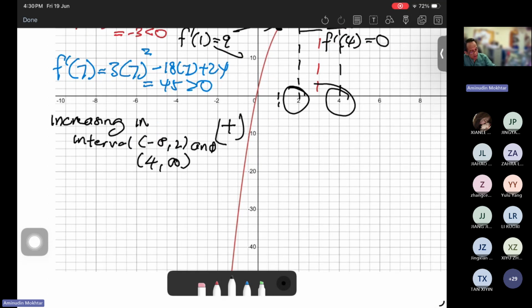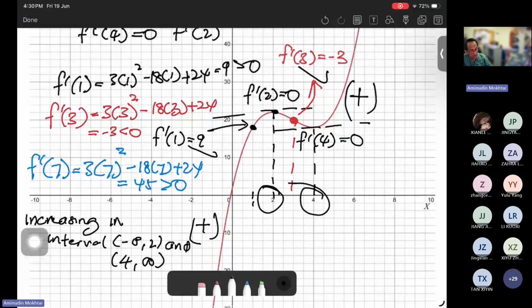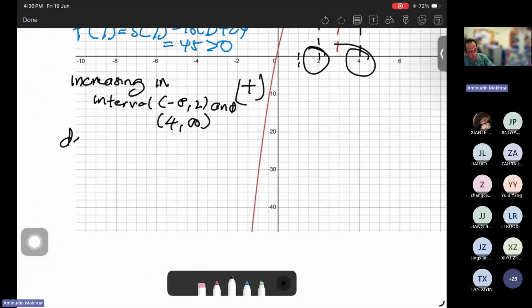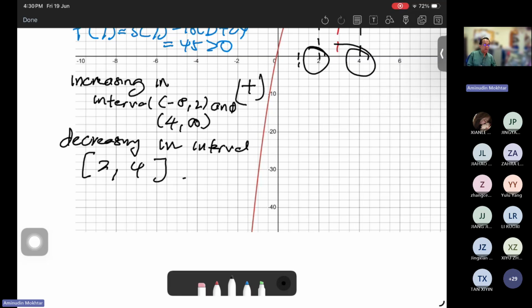And then the next one: this function is decreasing in the interval x between 2 and 4. This is the conclusion about whether the function is increasing or decreasing.